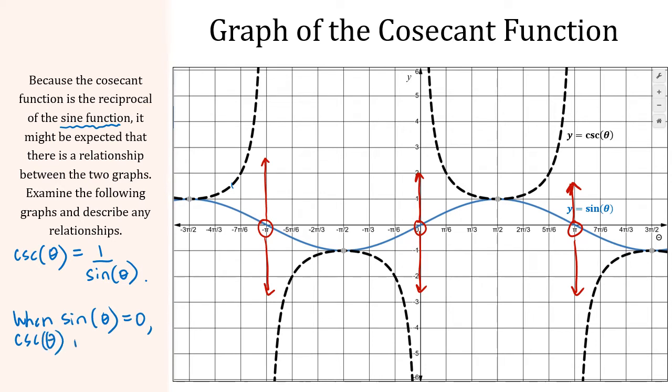And when that cosecant is undefined, that means that there are vertical asymptotes. We can't graph something that is undefined.